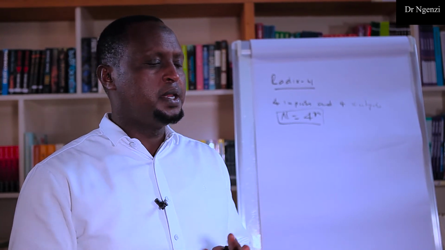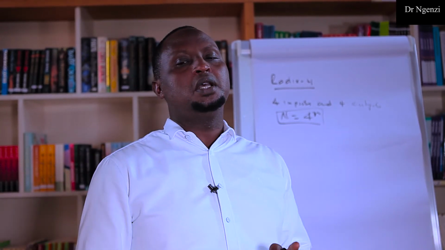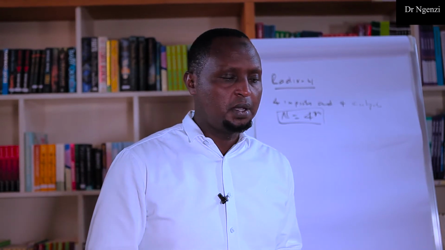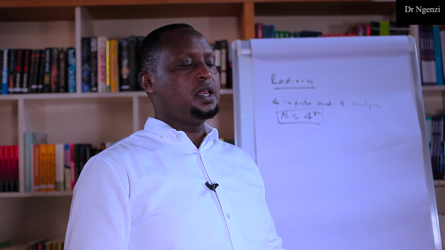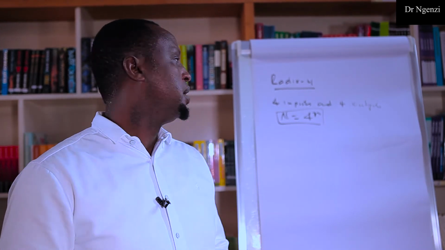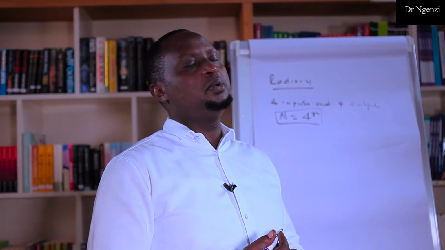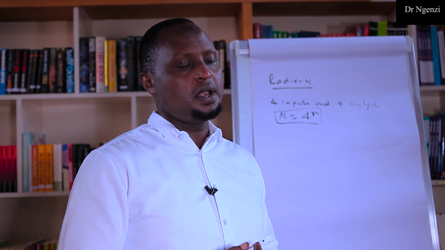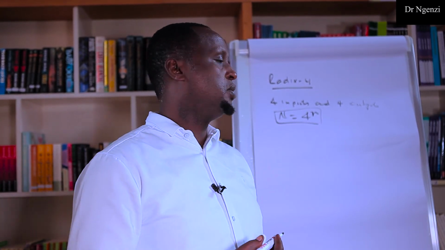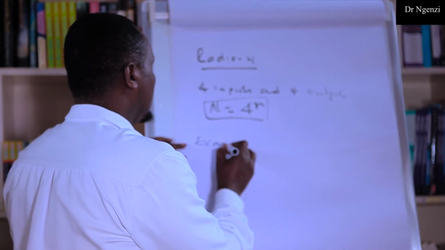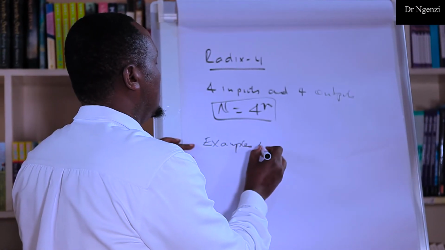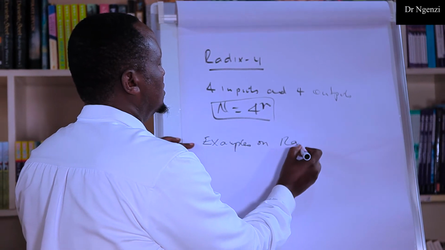So the rest is the same because we use the same formula, the same computations, and also replace the big N. So we are going to see examples of each and every type, beginning with examples on RADIX-2.